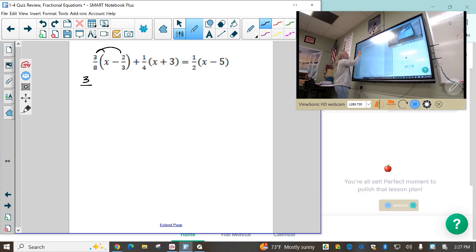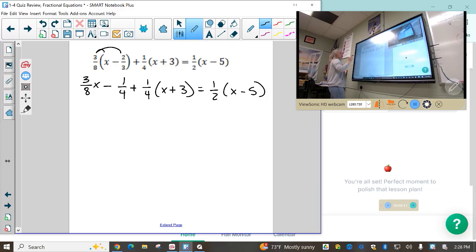So I have 3/8 x minus, marry the top, so 3 times 2 is 6 over 8 times 3 is 24. And then I want to reduce that fraction to 1/4. 6/24 reduces to 1/4, so I'm going to erase that and just write 1/4. Then I'm going to have everything else the same because I do not have any fractions inside the parentheses.